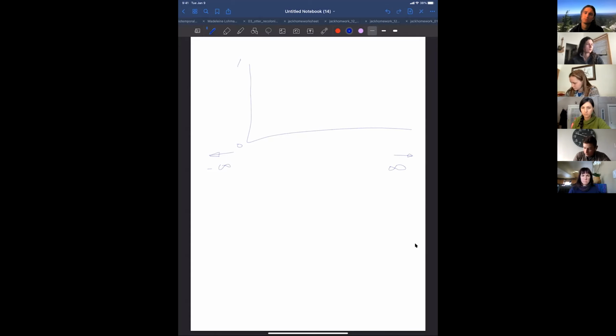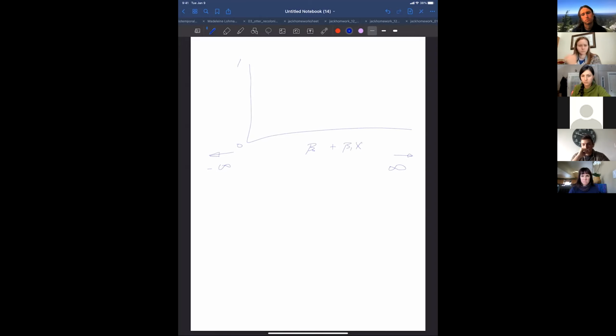on the x-axis beta 0 plus beta 1 x. So these would be our values of our linear model. When we plug in beta 0, beta 1, and x, it's going to give us some value on this axis. And what we want to do is do something to that to convert it between 0 and 1.